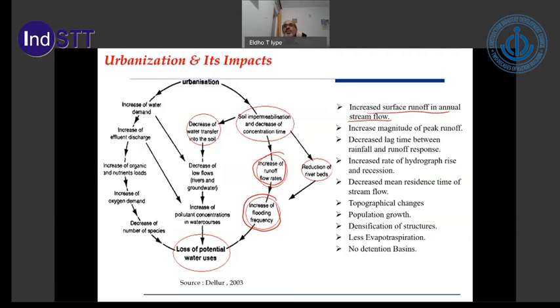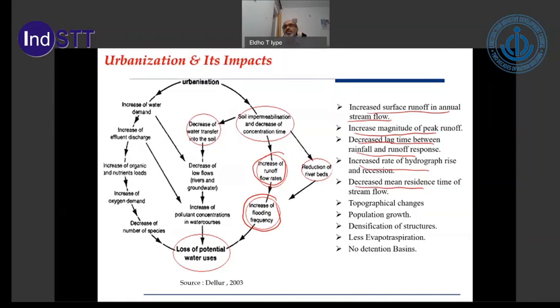When we look into urbanization and its impacts on hydrology, as I mentioned, a lot of areas will be converted to impervious areas, and that way in the cities there is a possibility of increased magnitude of peak runoff, decreased lag time between rainfall and runoff, increased rate of hydrograph rise and recession, decreased mean residence time, and topographical changes.